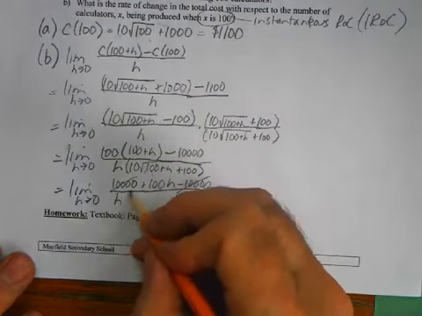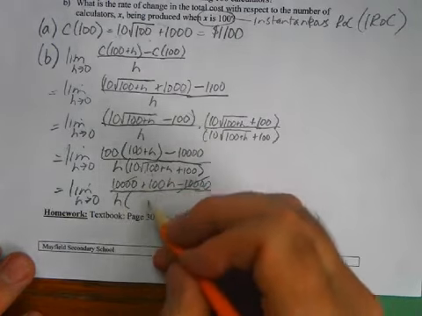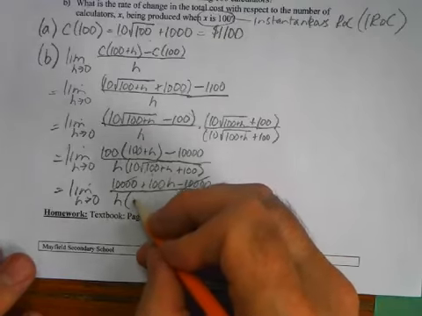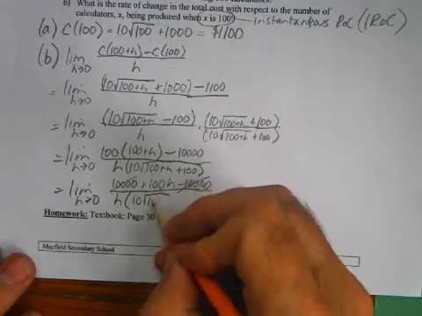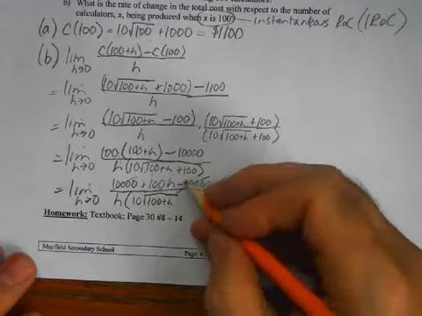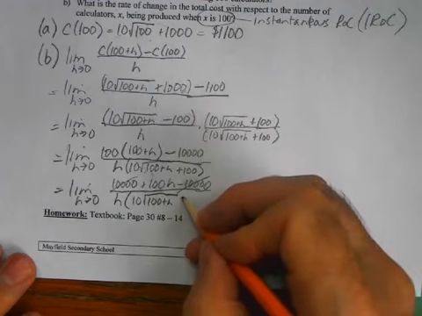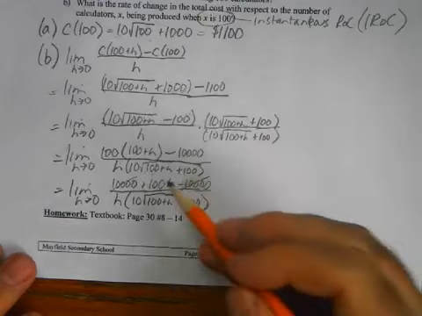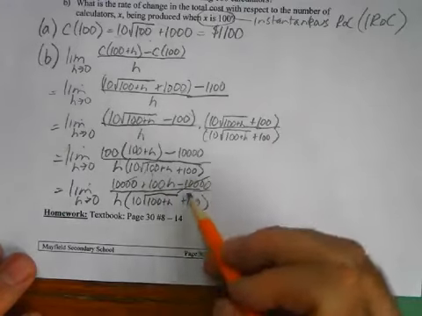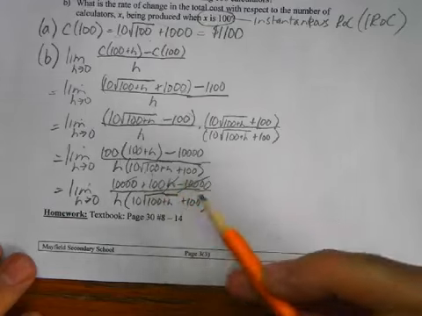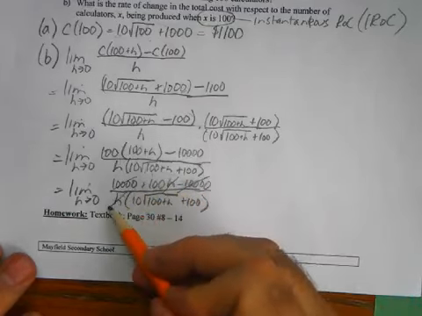Now I'm not going to distribute it, and you know why, because I want to cancel the h. So that's going to be h times 10 root 100 plus h plus 100. Okay, so you can see that these have canceled out. I can cancel that h, which is all that's left, with that h.